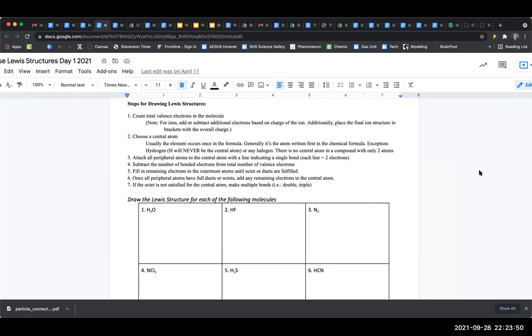When we're trying to decide how they bond, how many lines they have, how many dots go in the structure, we do have a very defined step system of how we put those molecules together. There are other ways of approaching it, but I do feel like this is probably the most straightforward. If you go down these steps every time you bond these covalent compounds, you really can't do it incorrectly.